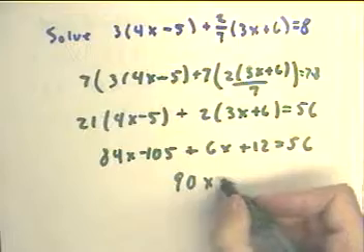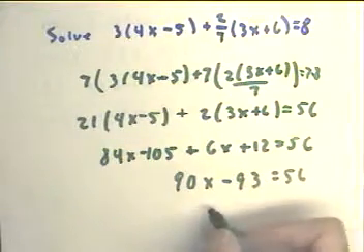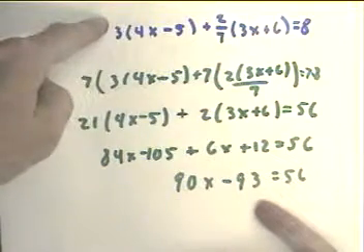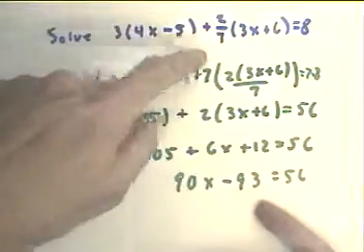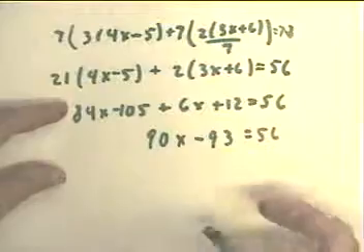Negative 105 and plus 12 gives us negative 93. Here we have 56. And we've simplified the original equation just using the distributive law after multiplying both sides by the common denominator into this equation, which is very, very easy to solve.